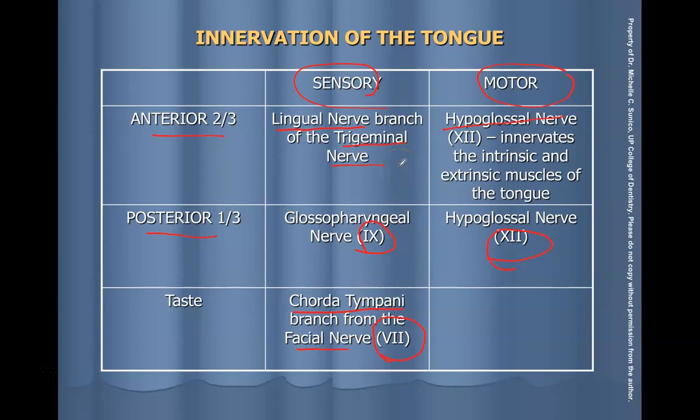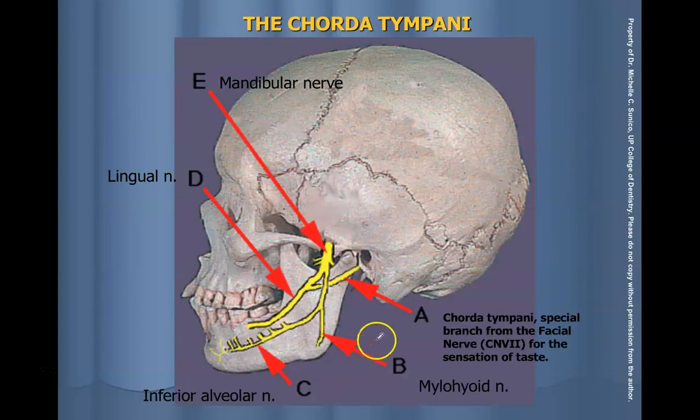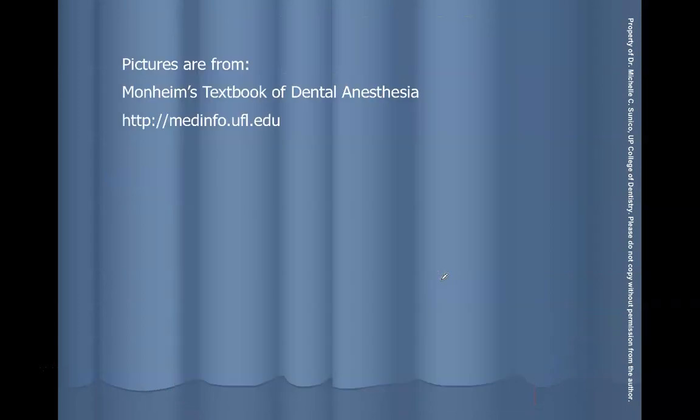Cranial nerve 5, the trigeminal nerve, cranial nerve 9, the glossopharyngeal nerve, cranial nerve 12, the hypoglossal nerve for motor innervation, and cranial nerve 7, through the special branch of the facial nerve called the chorda tympani. So that's it for the mandibular division. Oh, by the way, this is the chorda tympani coming from the 7th cranial nerve.